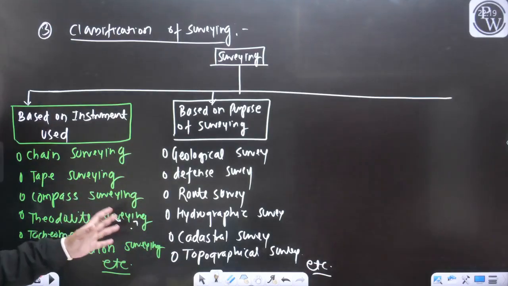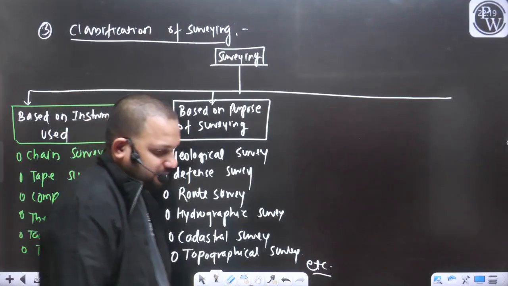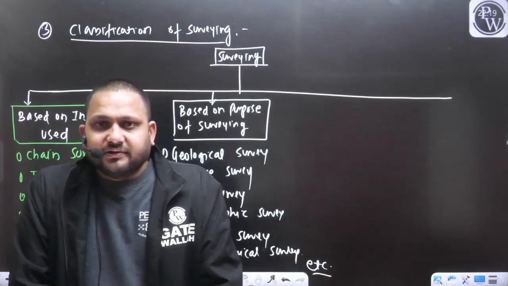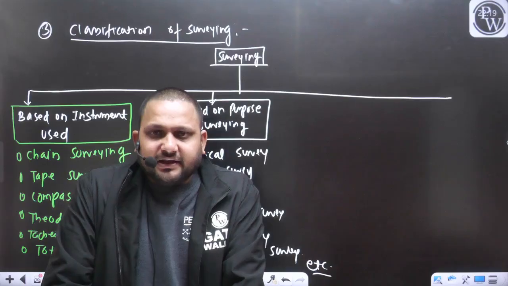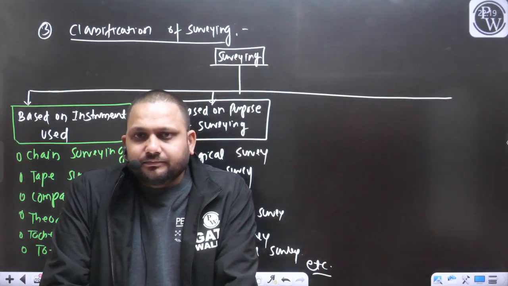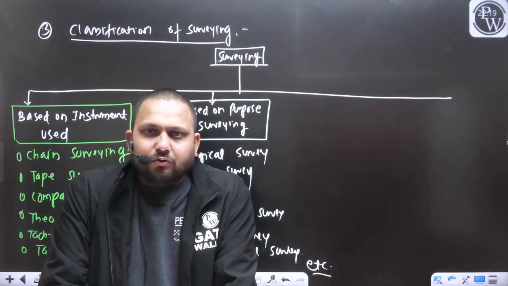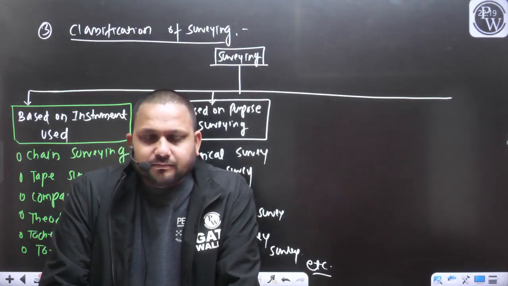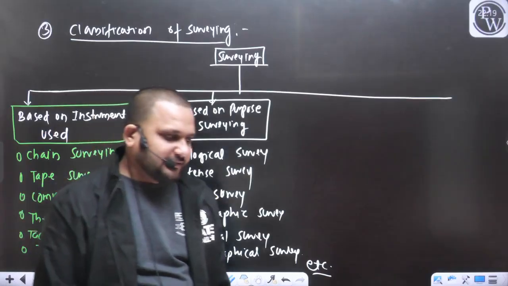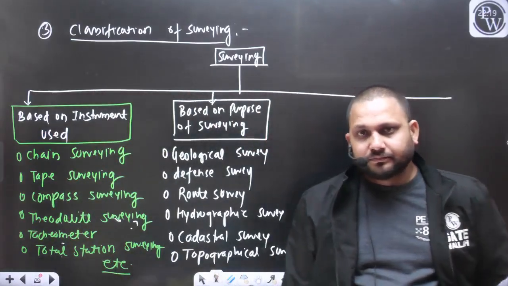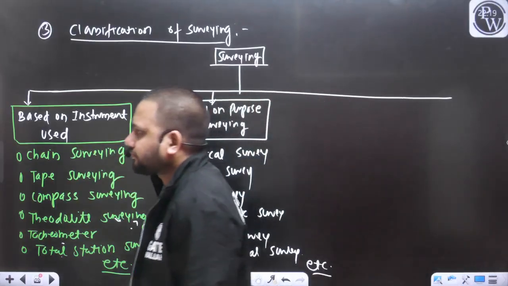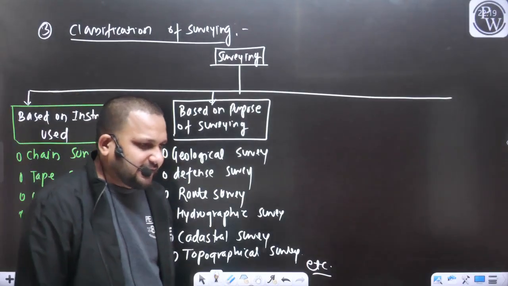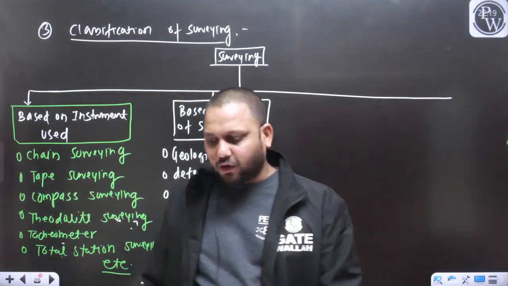Apart from these 12, we have also mentioned some other surveys. So there was some doubt that, sir, are there only 8 types of surveying? Whoever asked this doubt, I hope you got the answer. Again I am repeating, when I complete the discussion, all your doubts will be answered automatically.